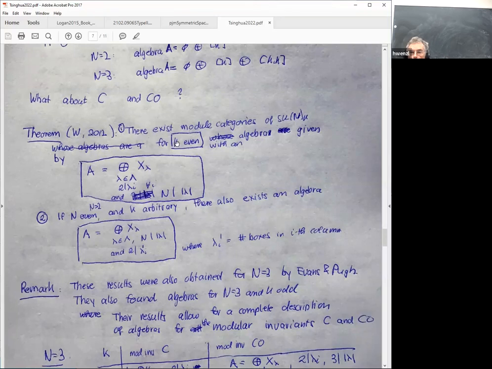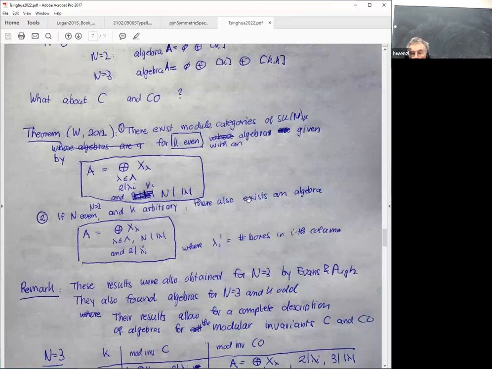So here K should be even, with an algebra labeled by a direct sum of X lambdas, where lambda are in the labeling set, satisfying that 2 divides the number of boxes in each row. And an additional condition was also that the number of boxes of the whole Young diagram should be divisible by n.